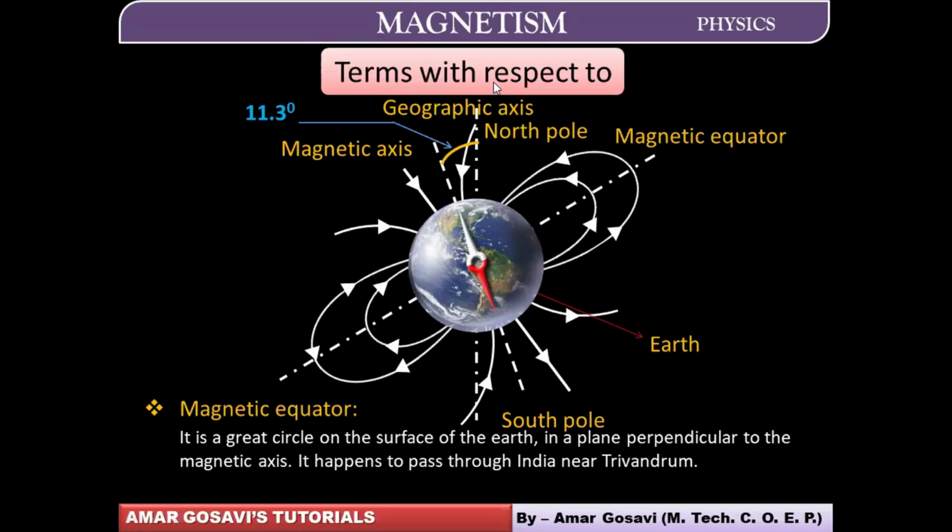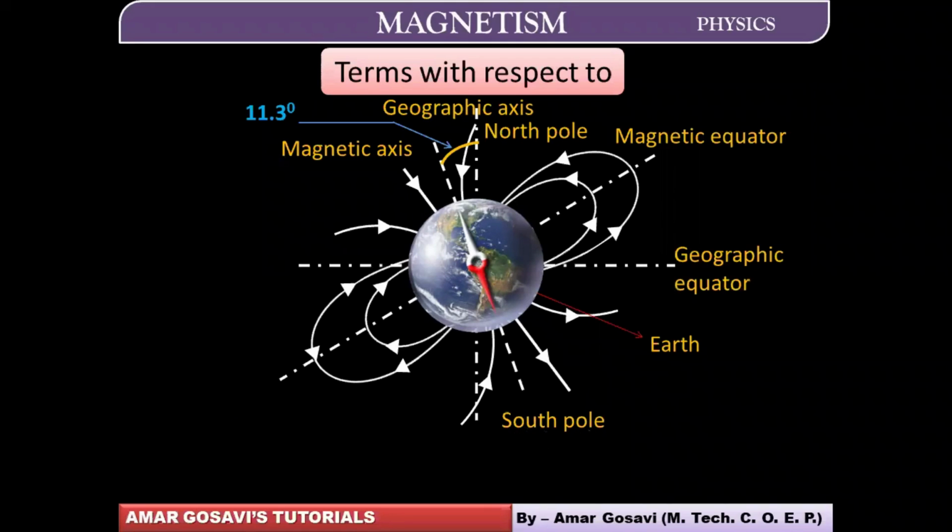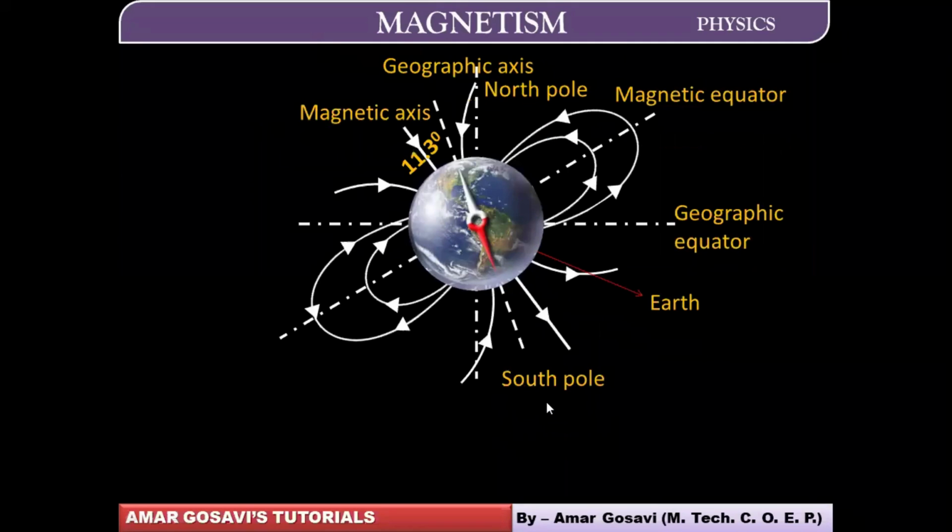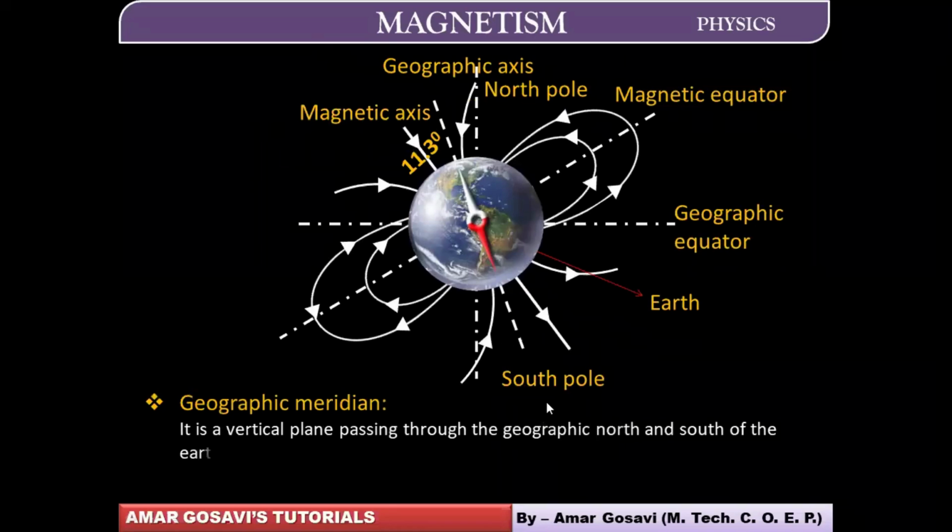Similarly, you can have an understanding over here that the geographic axis will be perpendicular to the geographic equator. So let's have a definition for the geographic equator. Here in the diagram, we can see the geographic equator is again perpendicular to the geographic axis. So what is the geographic equator then? First of all, let's talk about the geographic meridian.